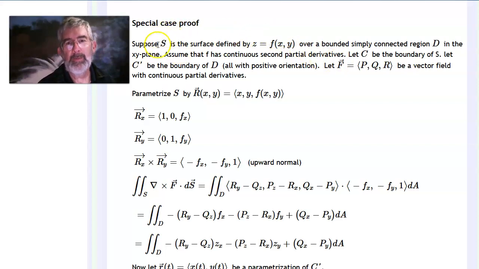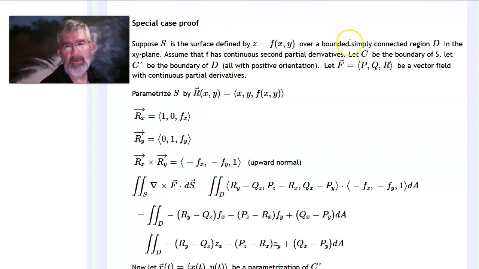Okay, so suppose you've got S that way, defined as z is a function of x and y, over some bounded simply connected region D in the xy plane. The word bounded I don't think we've used before. Bounded just means that it can be contained within a disk, so it's finite area, but more than finite area, it's actually finite in any extent, that it doesn't head off to infinity in any direction.